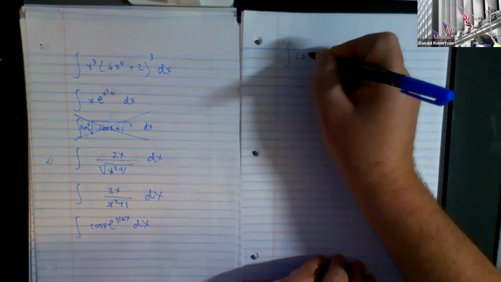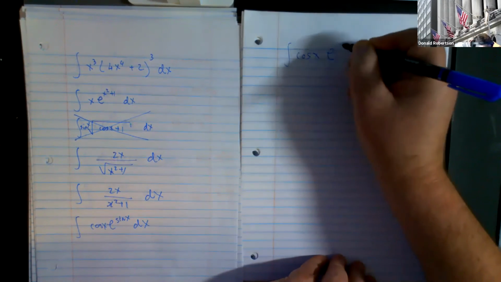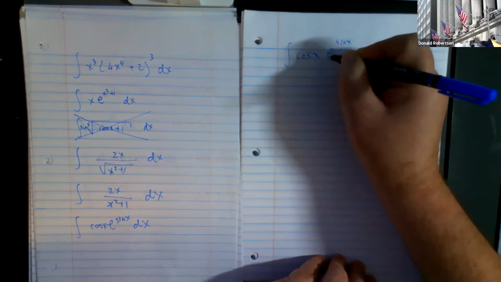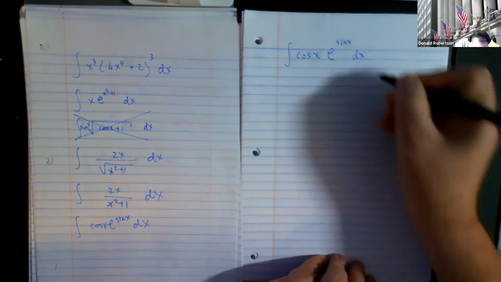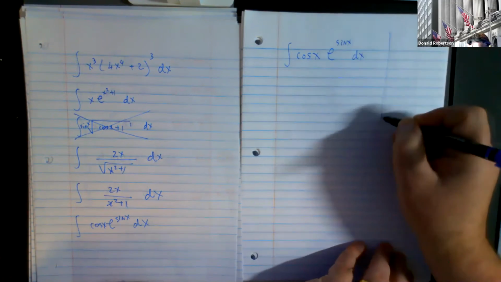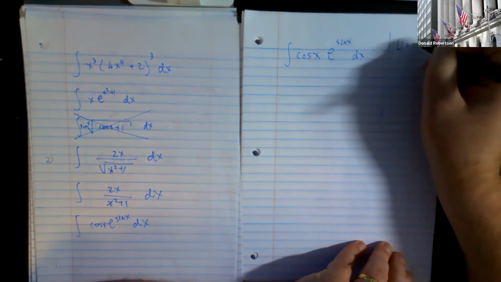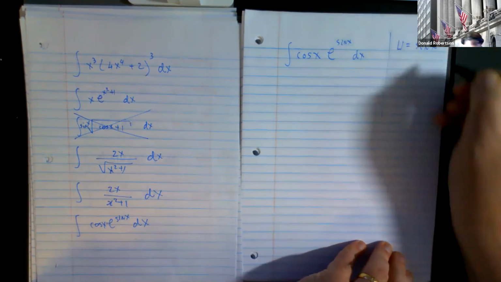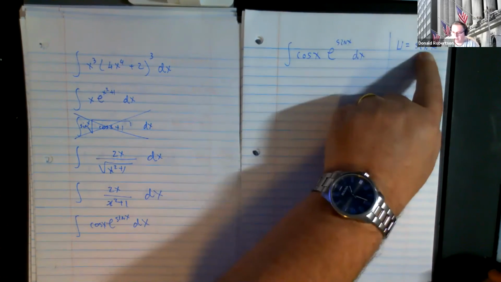So we have a cosine x with an e to the sine x, right? It's e to the power of sine x. That's a pretty weird looking function, isn't it? I guess if you put that into the calculator, some really weird thing might happen. Now the u sub is sine x, right? The ugly guy's the u sub.